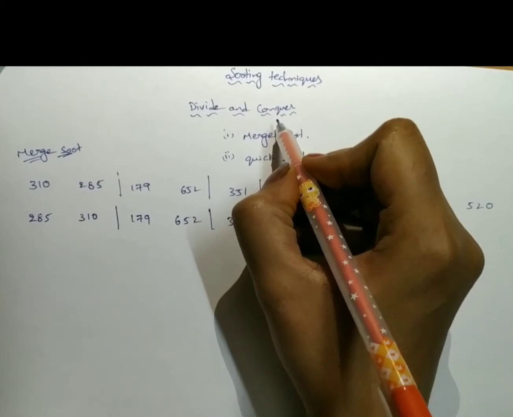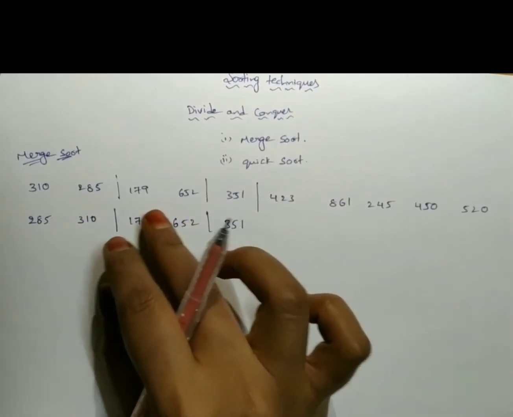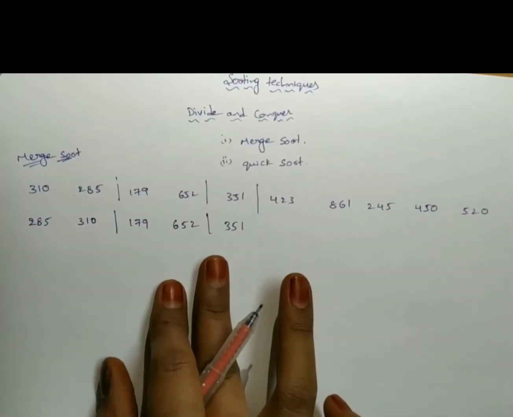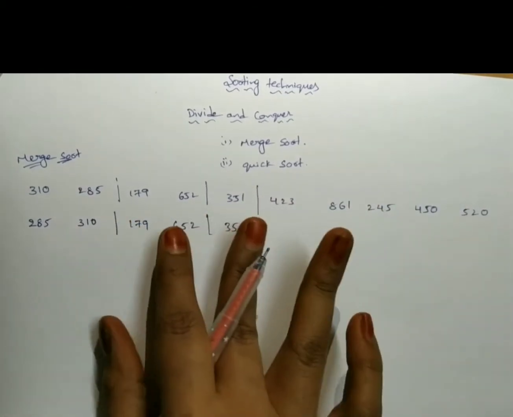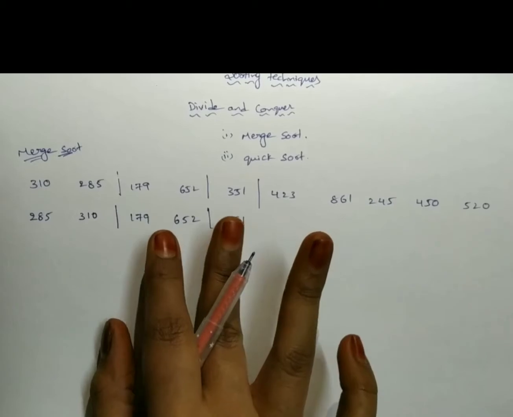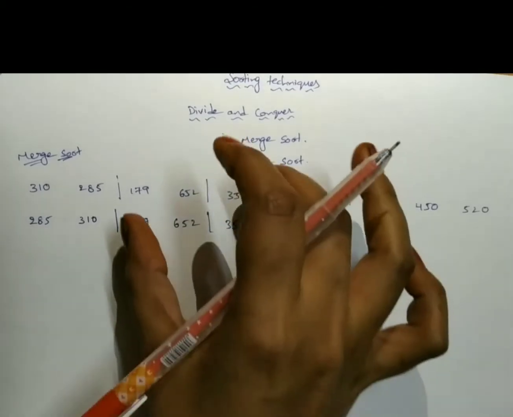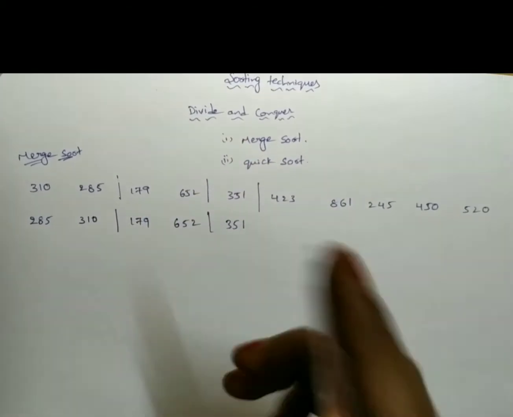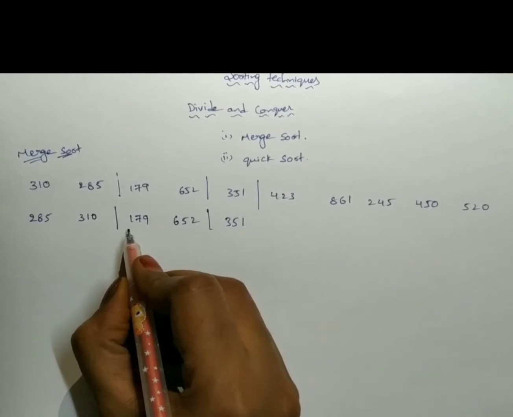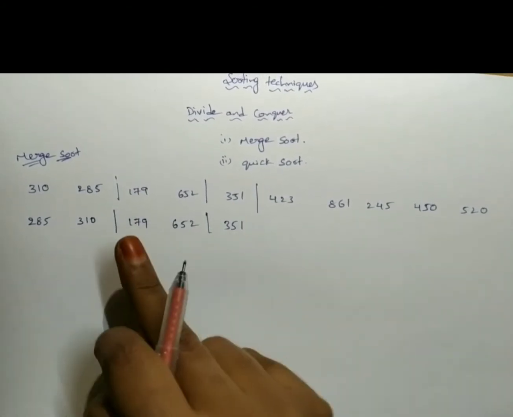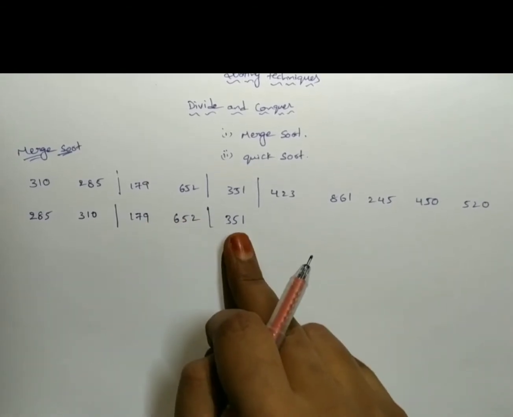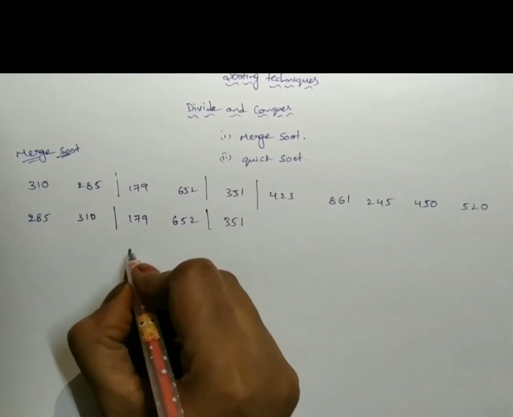Conquer means merging. These two sublists are merged into a single list. Okay, I am considering these two sublists and merging them into one single list. See, I am comparing 179 with 351. 179 is smaller than 351, so I am not performing any operation.